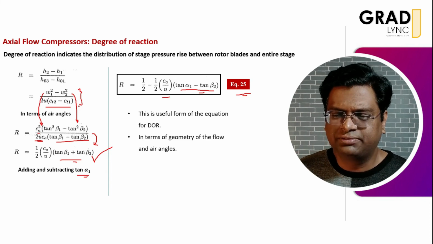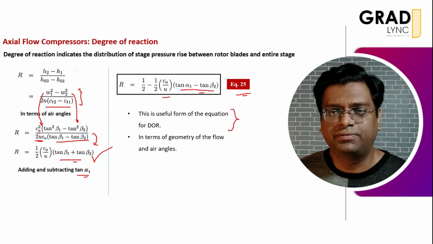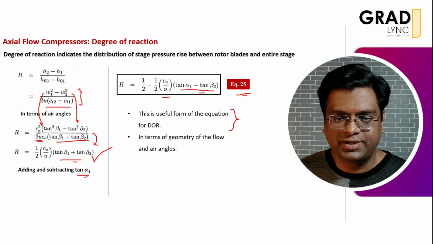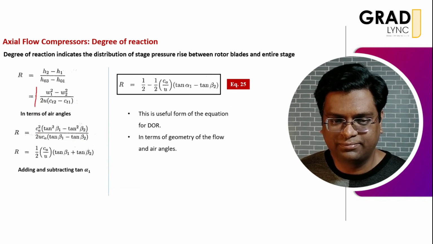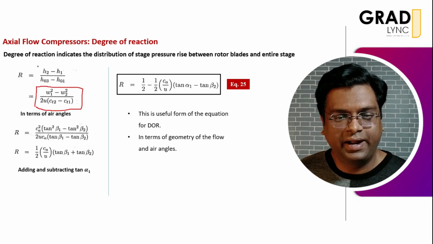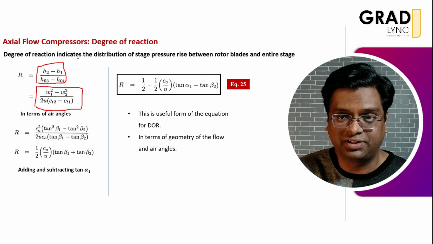So these are the observations. One is that this form, equation number 25, is the useful form of the degree of reaction, right? There is another form in terms of velocities, another form in terms of enthalpy, and a third form in terms of temperature as well.